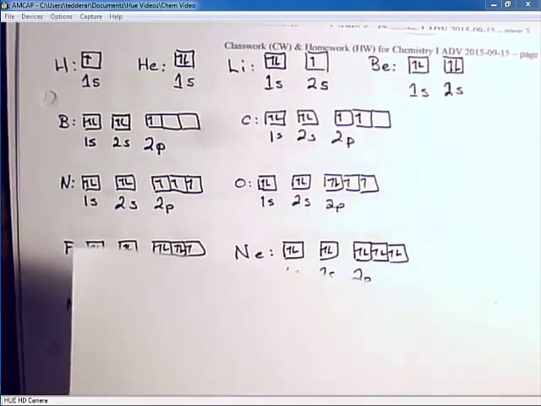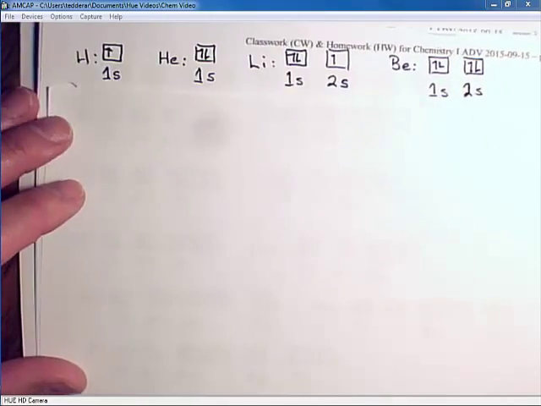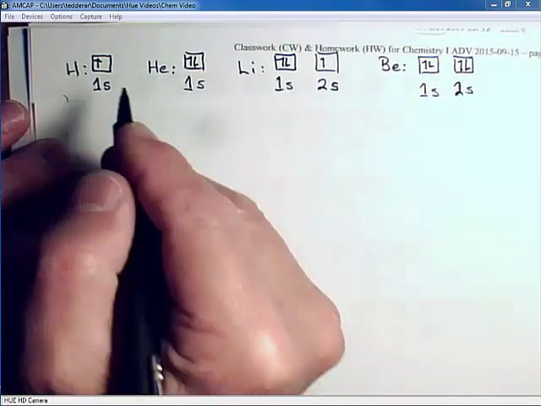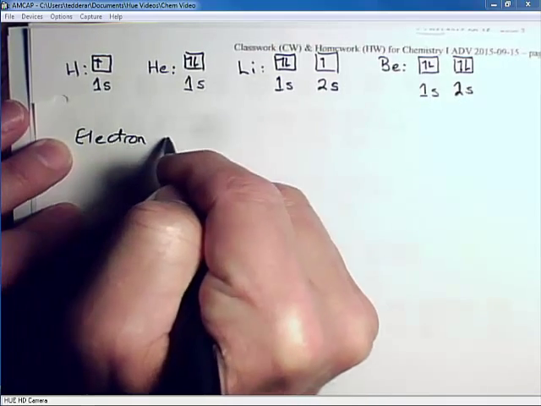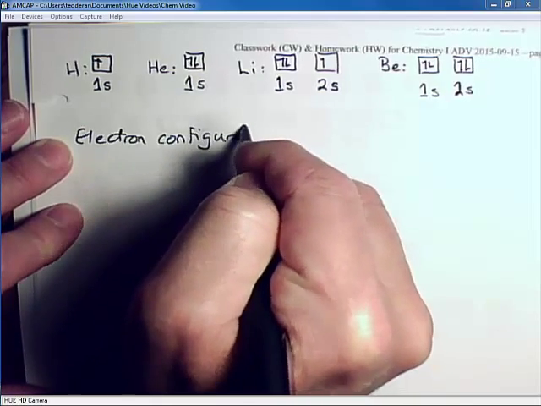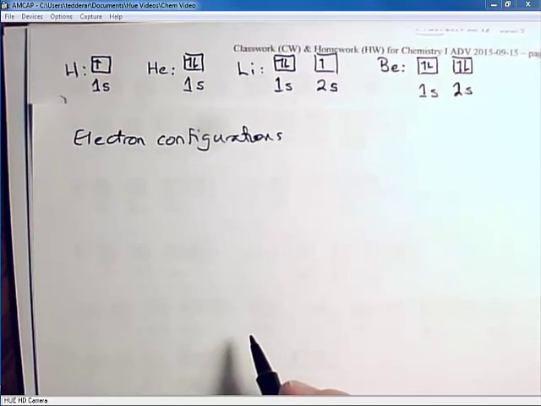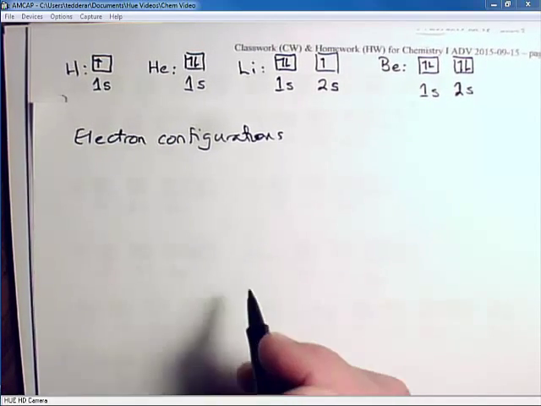Here's all that work we did yesterday. I'm going to start with hydrogen here. This is all orbital notation. What we're doing today is electron configurations. Now, orbital notation has more information in it than electron configurations do.